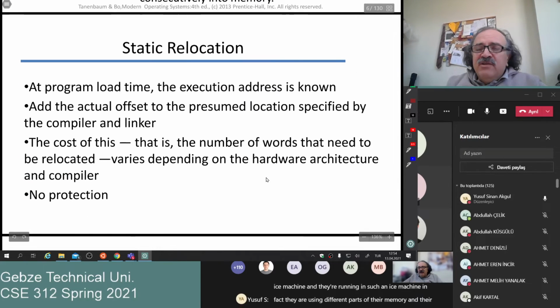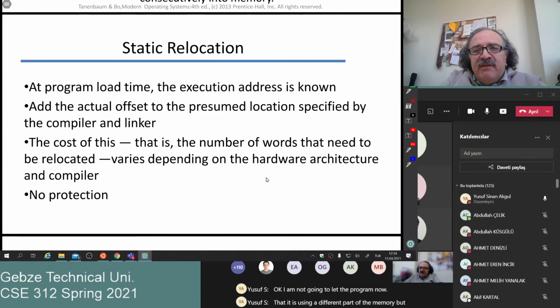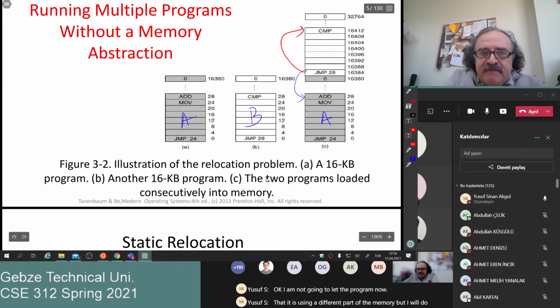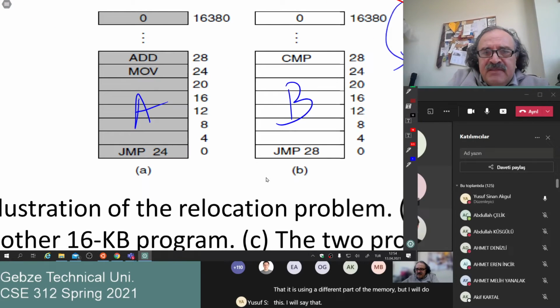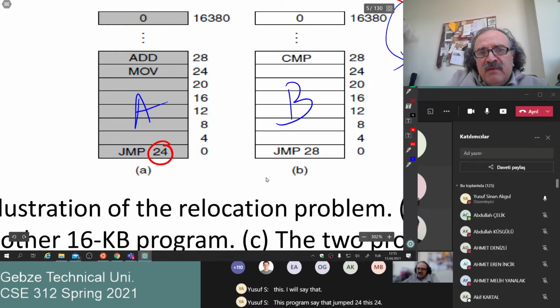Okay, one solution that the book suggests is static relocation. I am not going to let the program know that it is using a different part of the memory, but I will do this. I will say that this program says jump 24. This 24, or this 28, is not an absolute value.